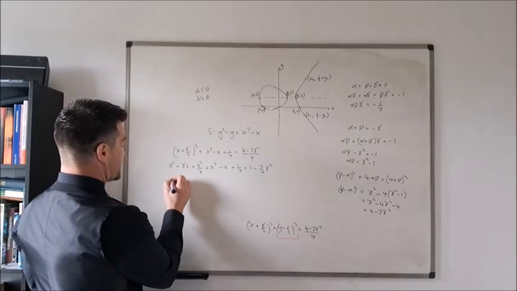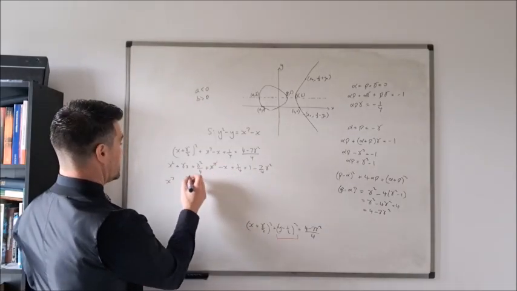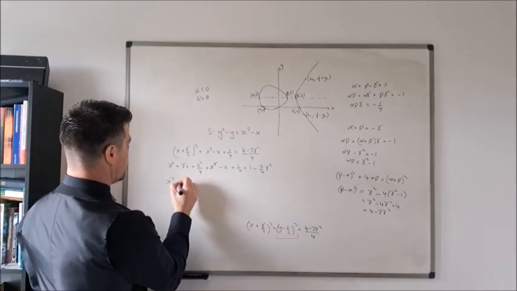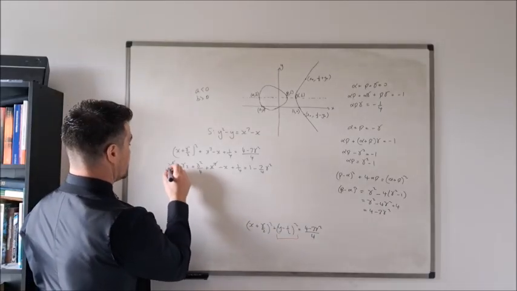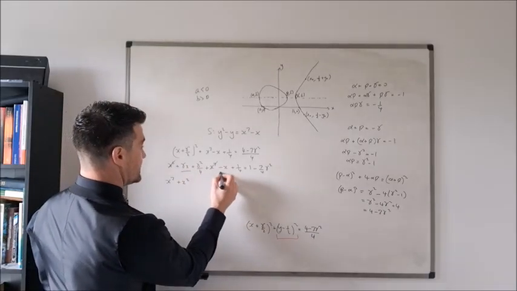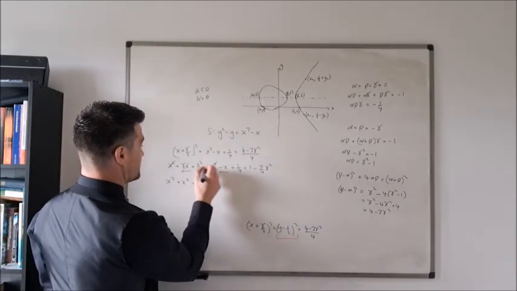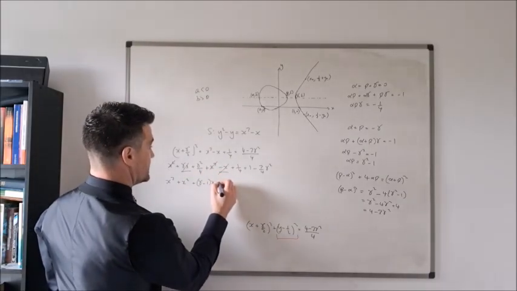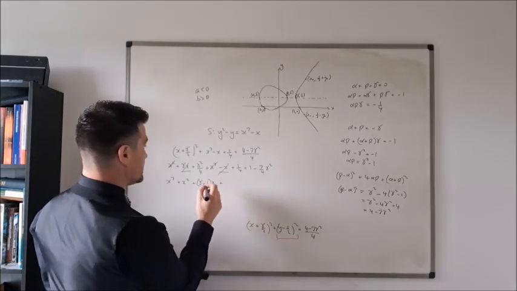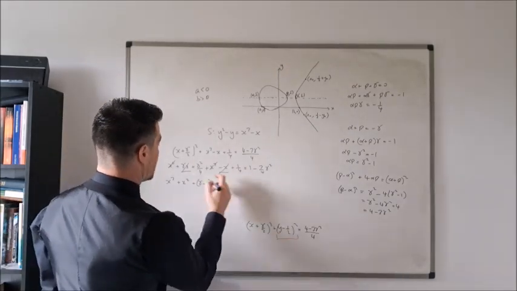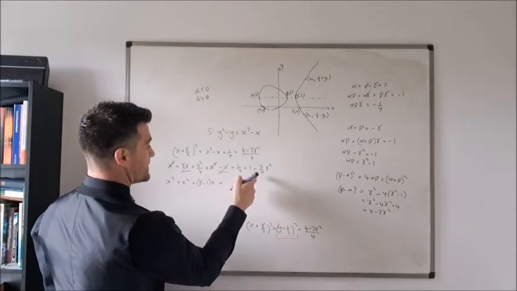So that gives us x cubed plus x squared plus gamma minus 1 x plus, oh, that's nice, a quarter and gamma squared over 4.